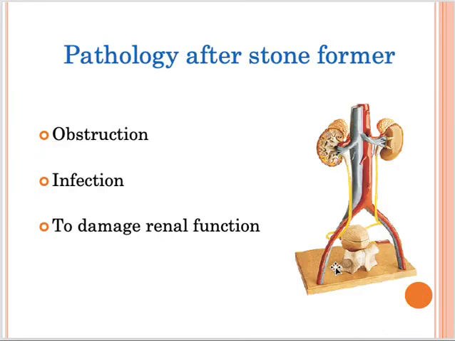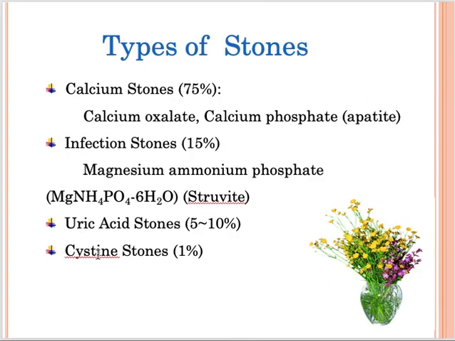Okay, cystine stones are, as you can see over here, the most uncommon one. They're not so common, right? And most of the time, they are formed in people who have some inborn errors of metabolism.